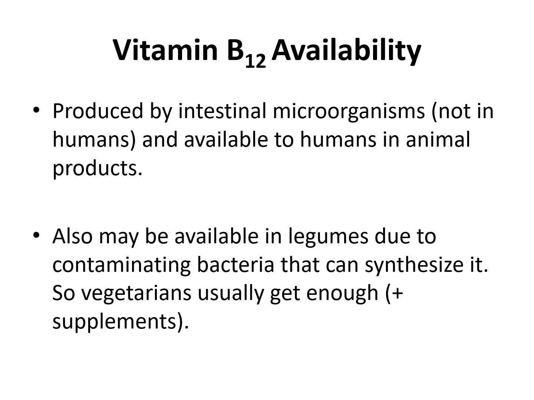So it's available to humans in animal products, not in vegetables, not in legumes, unless in certain circumstances where they are contaminated by bacteria that can synthesize it. In other words, people who are vegetarians are at risk of developing vitamin B12 deficiency and must receive supplements if they don't take in any animal products.